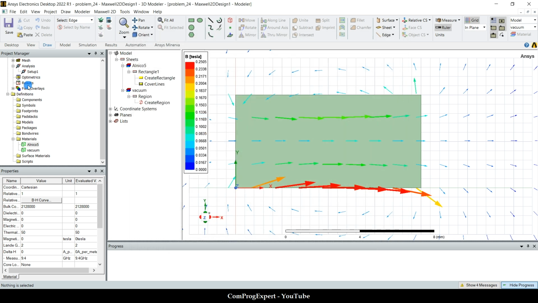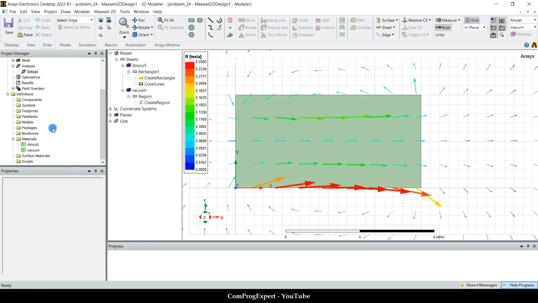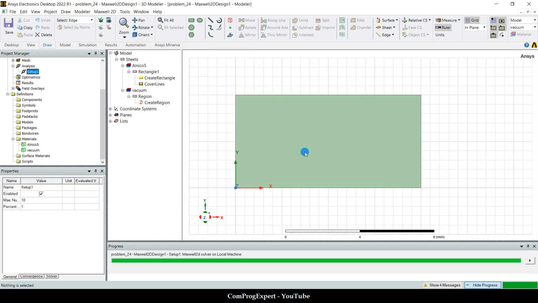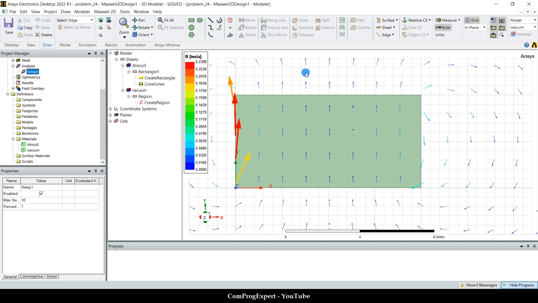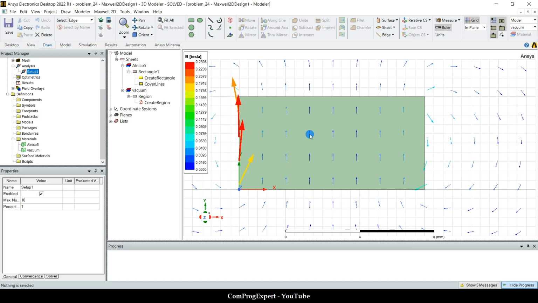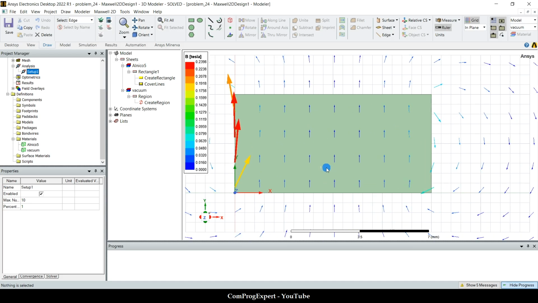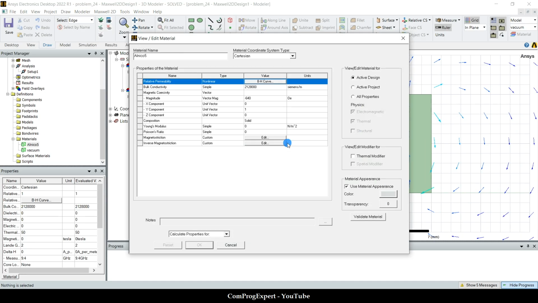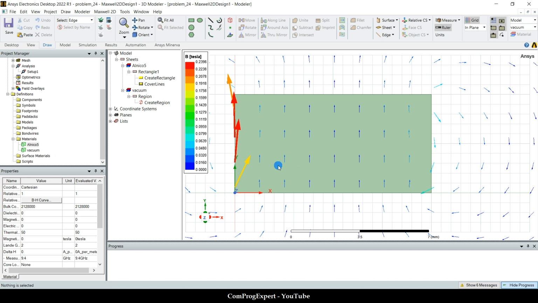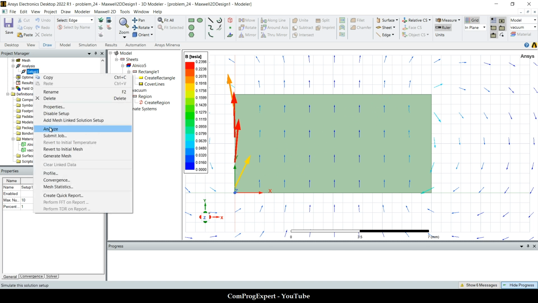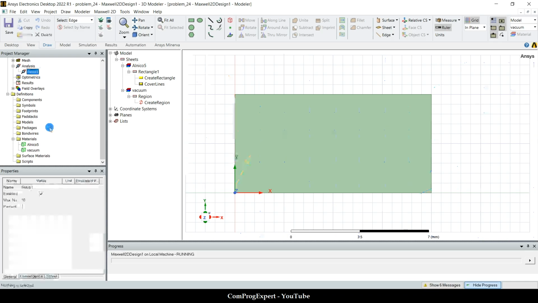okay, let's repeat the problem, analyze. You will see that the magnetic field, the flux density vectors, will be in the Y direction in this case. Yes. And if I magnetize it in this arbitrary direction, 1 and 1, in this case the direction of the magnetic field will be in this direction. So let's repeat the problem, analyze.